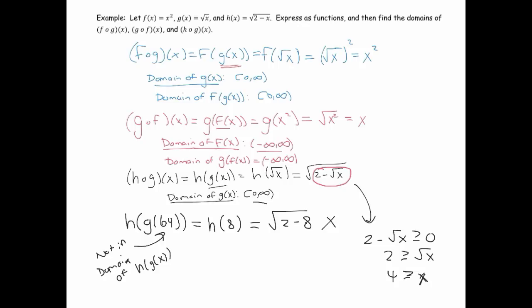And so if we combine these two ideas, we see that the domain of h of g of x is going to be from 0 to infinity, but also less than or equal to 4. We see that it's 0 to 4 inclusive.